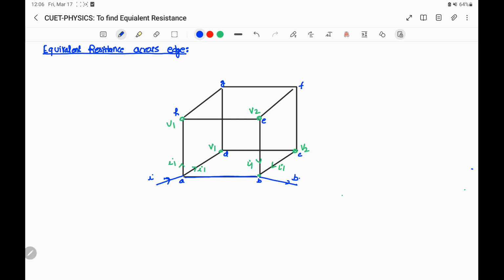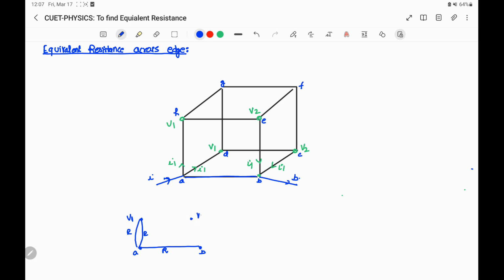So we can make an equivalent circuit: this is terminal A, this is terminal B. Across them there is a branch, AB, which has a resistance R. Then from A to D and H, there are two resistances going to the equipotential point V1, so these two resistors are in parallel.